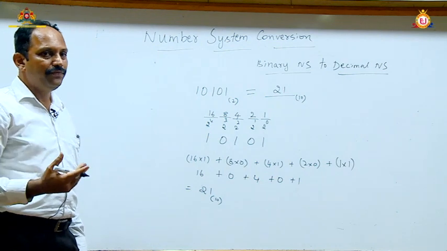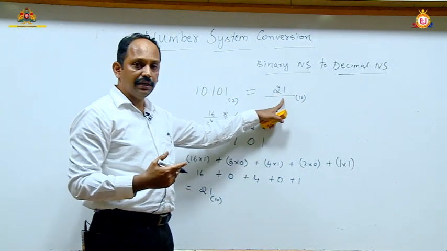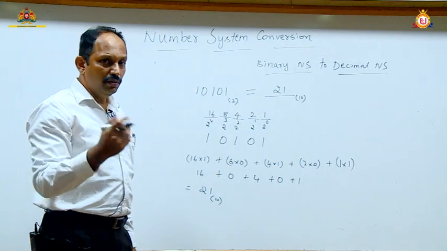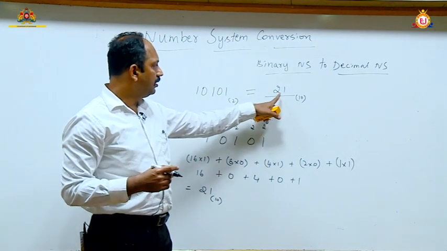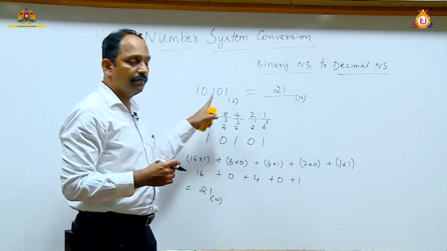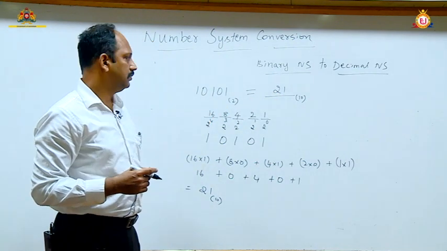Let us verify whether this answer is correct or not. You know from the previous discussion how a decimal number can be converted to a binary number.